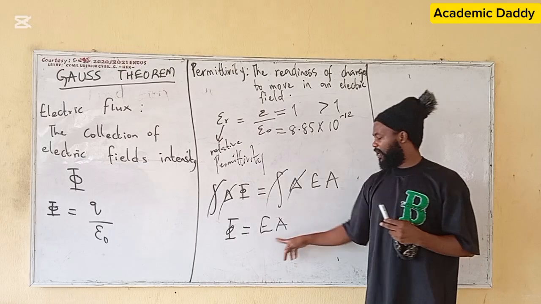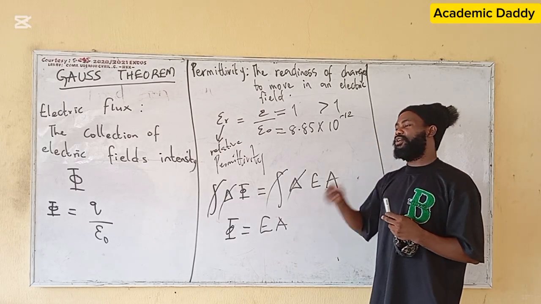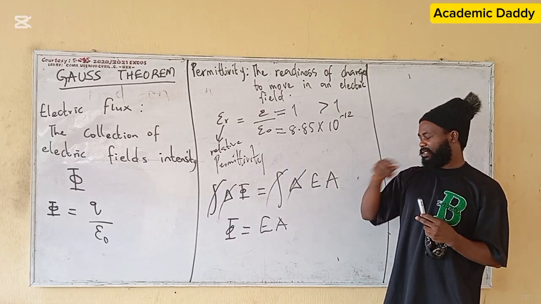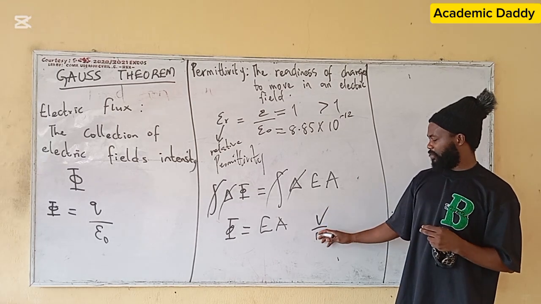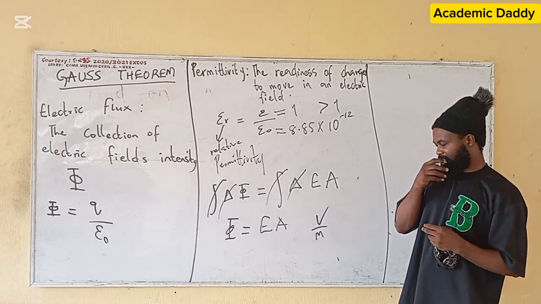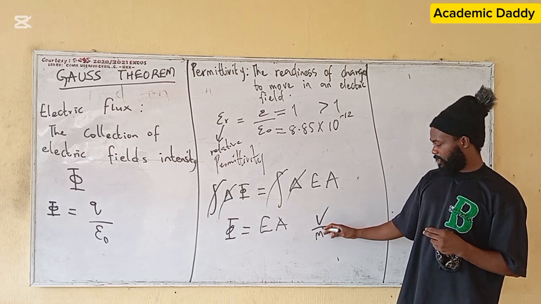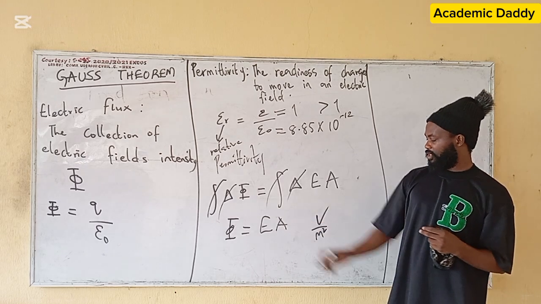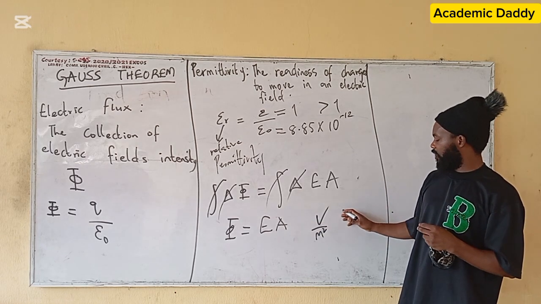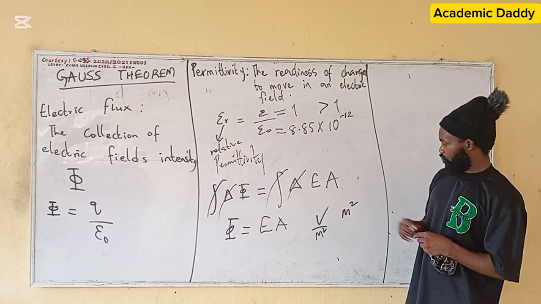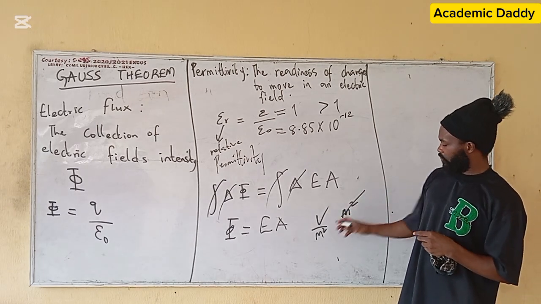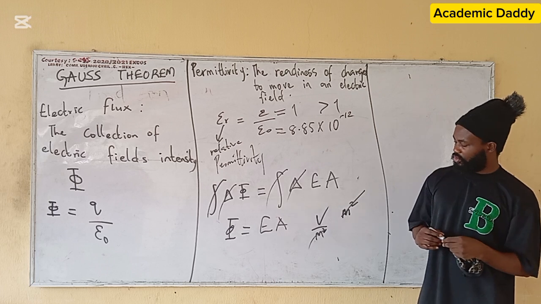So by the time you combine these two, let's do it this way. I have volts, then I have per meter. Let's check something. Volts per meter. I think square. Yes, for electric field intensity. Then I have area, and area is meter square. Is it not true? Yes. So that means that by the time this takes care of this, I have volts.